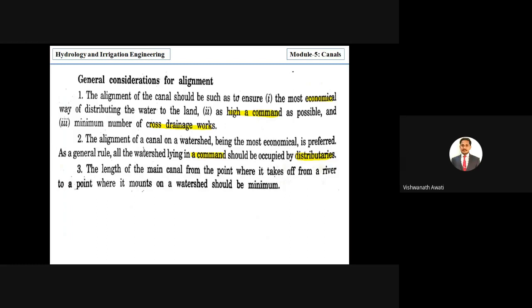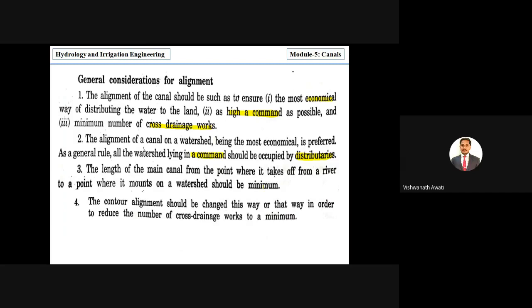The length of the main canal from the point where it takes off from the river to the point where it mounts the watershed should be minimum. So the starting point and end point of the main canal should be minimum. The contour alignment should be changed this way or that way in order to reduce the number of cross drainage works to a minimum.